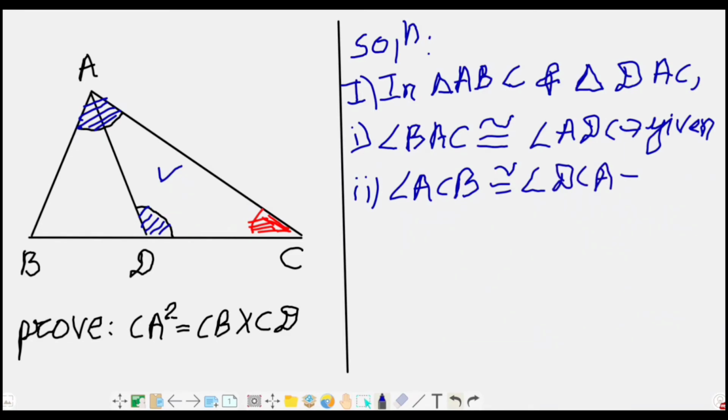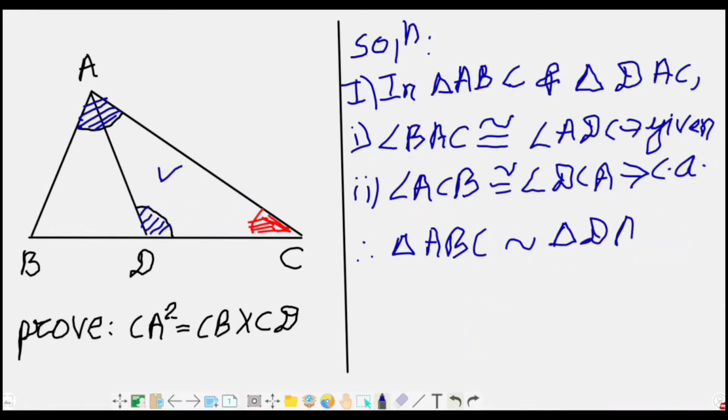Why? It is a common angle. So therefore, triangle ABC is similar to triangle DAC. Two angles have been proved congruent, so by AA test of similarity.